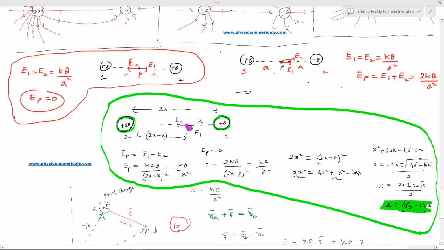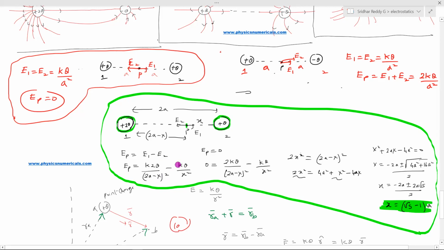There's a point P. The field strength due to point charge 2q will be E1 towards right. Due to point charge plus q, E2 will be towards left. So the resultant field at point P should be the difference of that. E1 is equal to K2q by 2a minus x square.